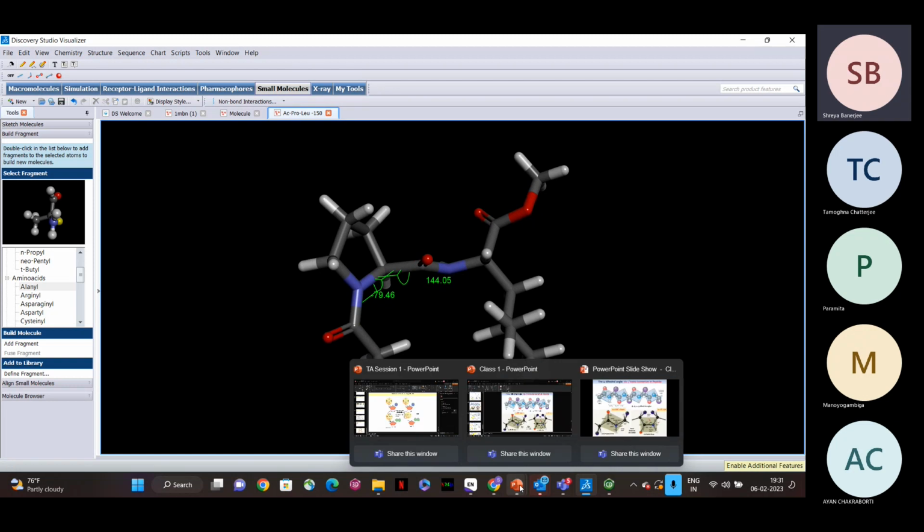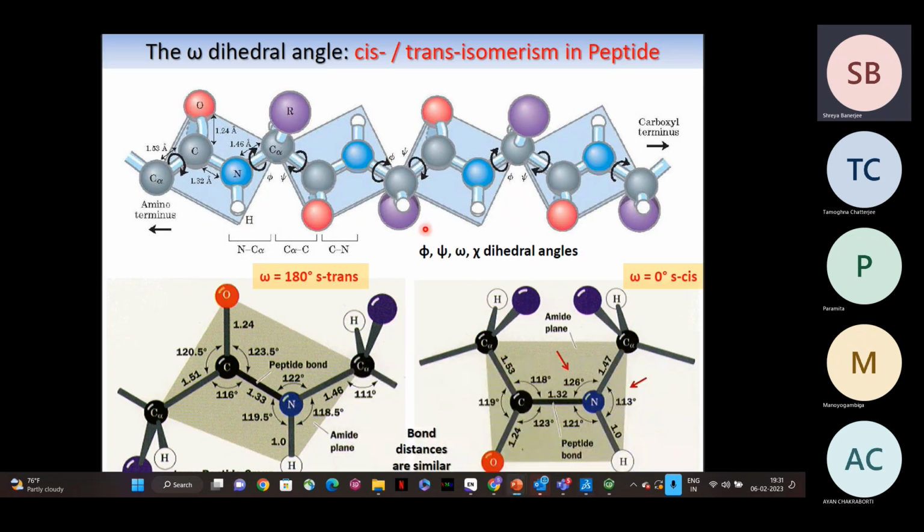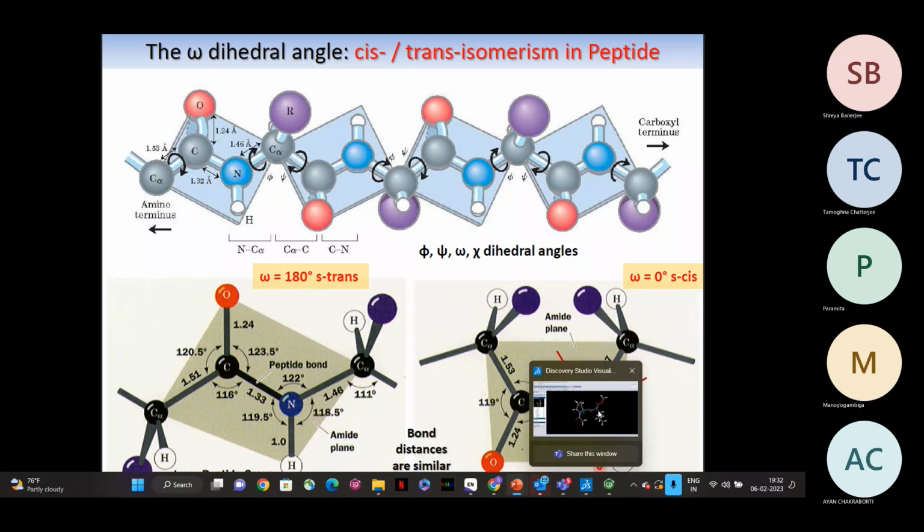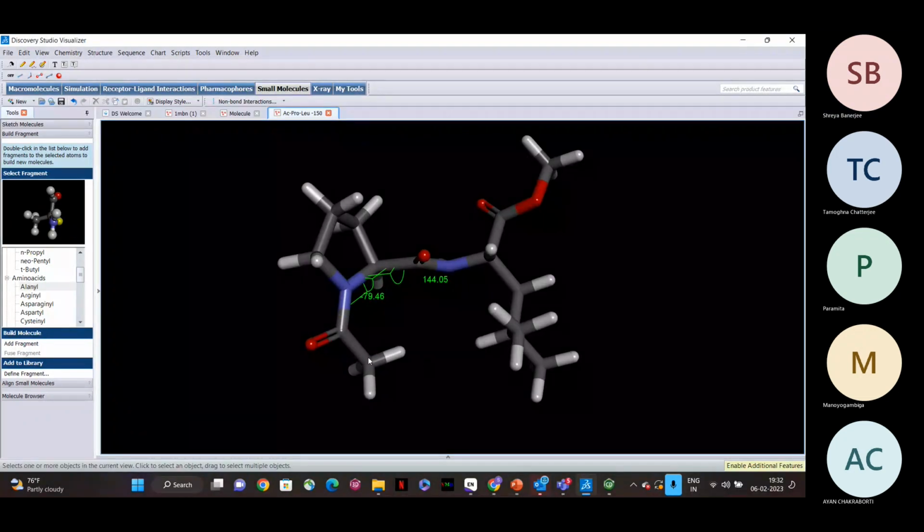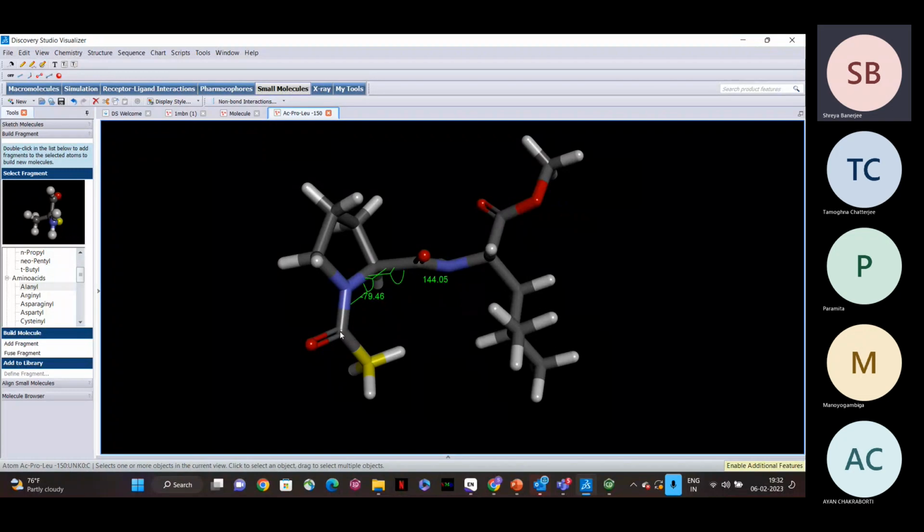And then what are the other angles? Omega. Omega is basically, this is called an alpha carbon, which is the one directly beside the carbonyl. So omega is from one alpha carbon to the next alpha carbon.